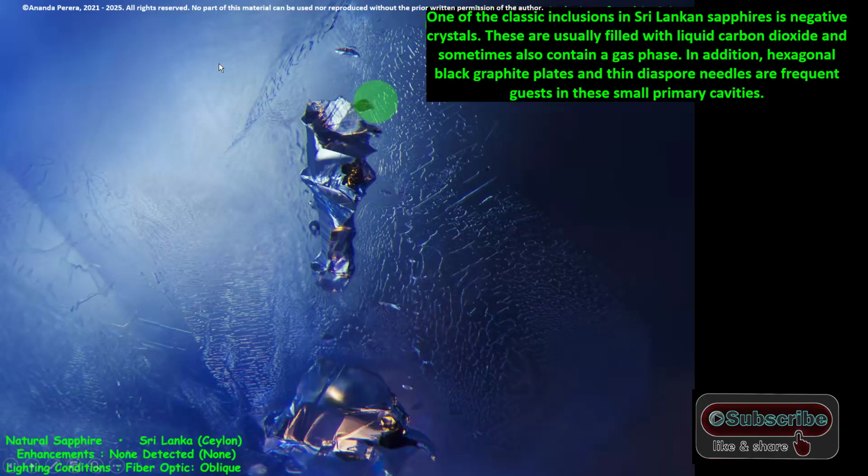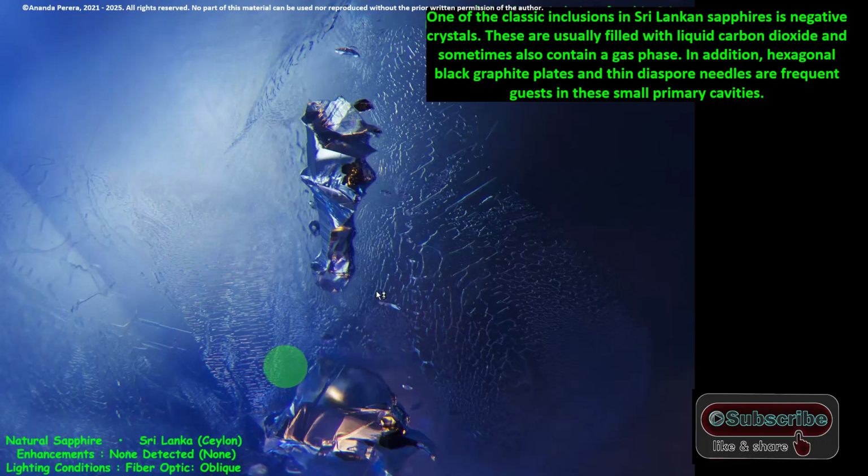Here, what is here? Lighting condition is fiber optic oblique. The same thing. Black graphite plates you can see here. And you can see in this fingerprint, the negative crystals filled with liquid or gas carbon dioxide.